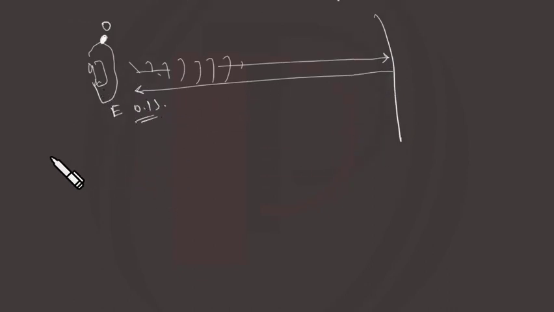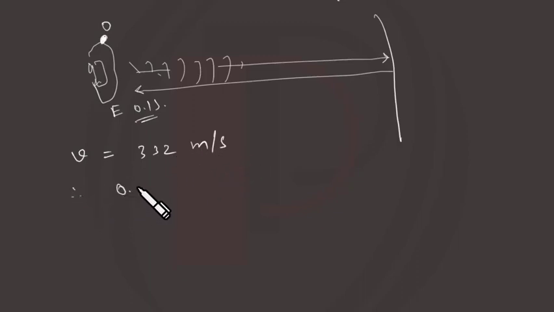We know the velocity of sound is 332 meters per second. That means sound travels 332 meters in 1 second, right?